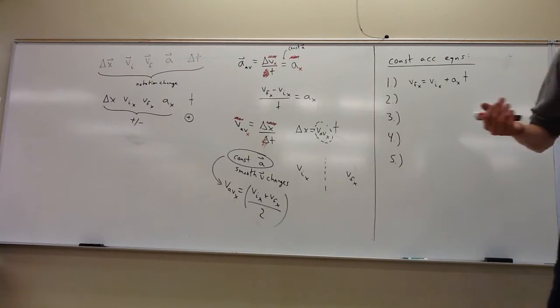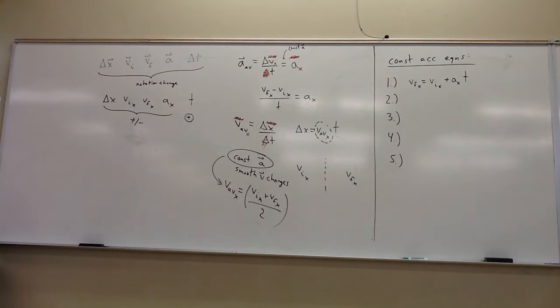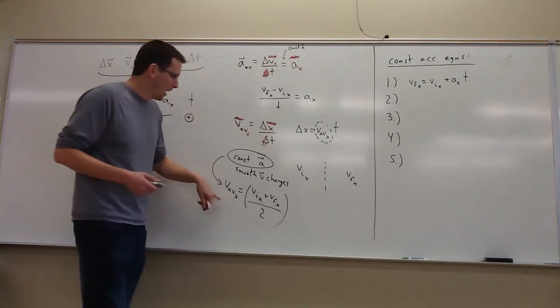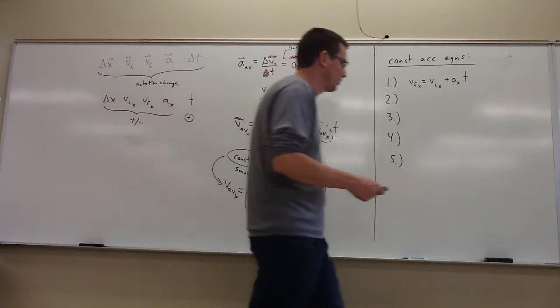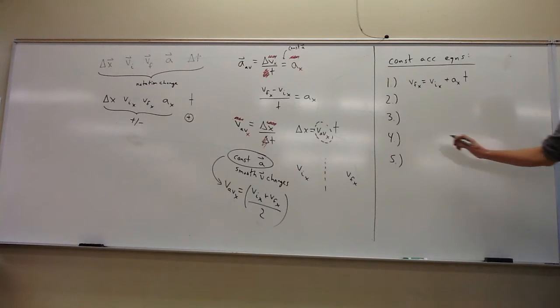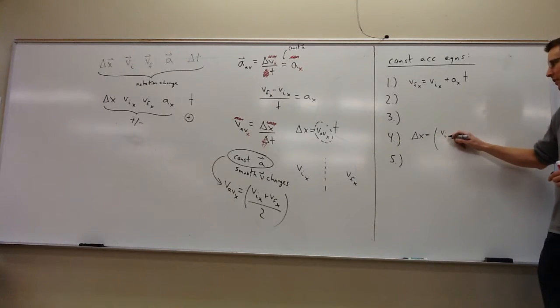But that would be herky-jerky changes. We are smoothly connecting them. That's what constant acceleration means. It means smooth velocity changes. Okay? So with that in mind, I can get rid of v average and put in this, and I'm going to have another equation. And for reasons that don't really matter, that's traditionally listed as the fourth one.